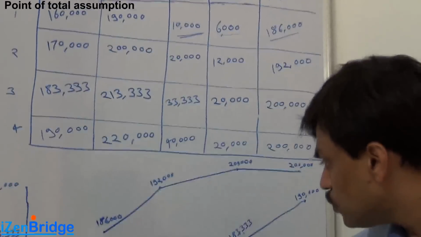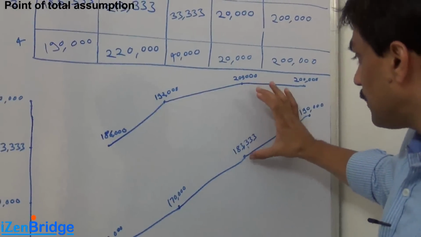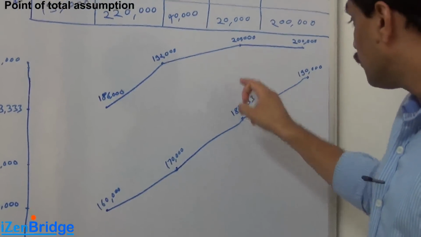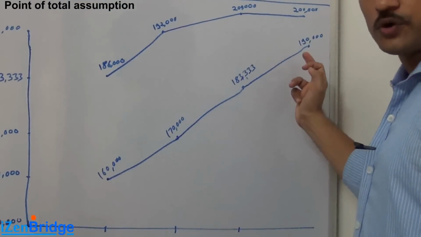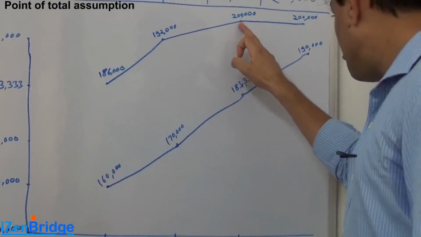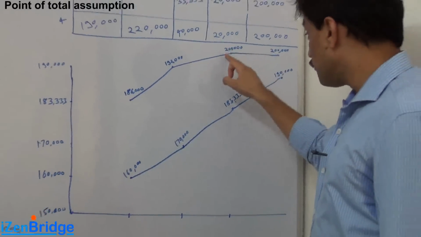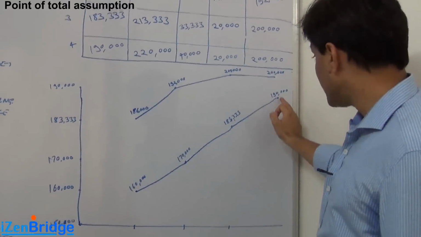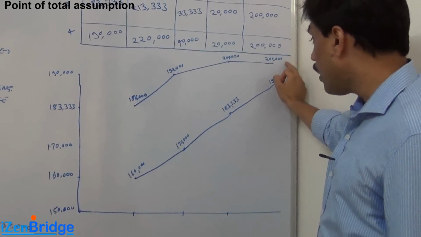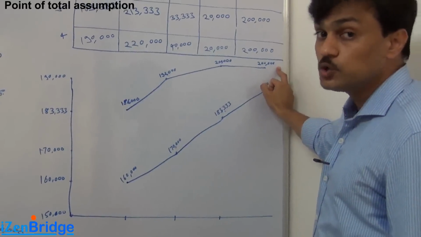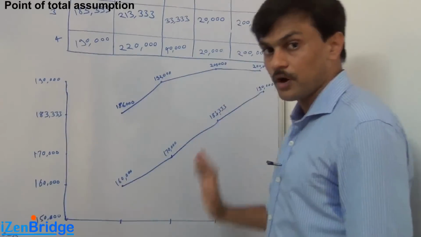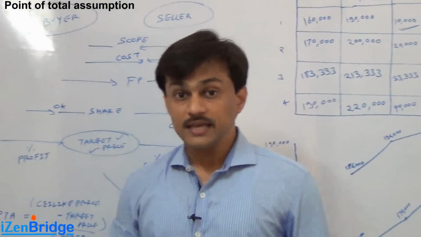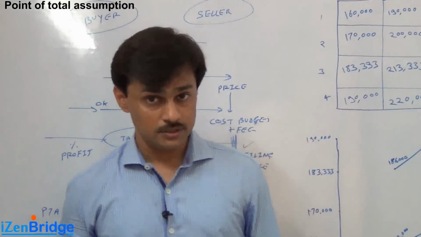So as you reach towards the point of total assumption, your profit margin will start shrinking. But once you cross the point of total assumption, the absolute payout becomes fixed, and your margins will shrink further. And if your expenses keep growing, there will be a point when you will start losing money in this particular project. So this is the background of the point of total assumption.